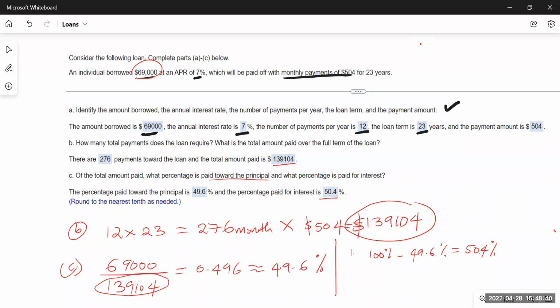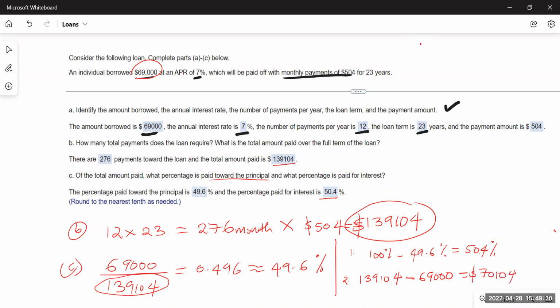Alternative number two, which is a little longer, is that this is how much was paid in total. If I take away the principal, how much I borrowed, that should give me the interest that I paid. So $139,104 minus $69,000 will give me an interest of $70,104.